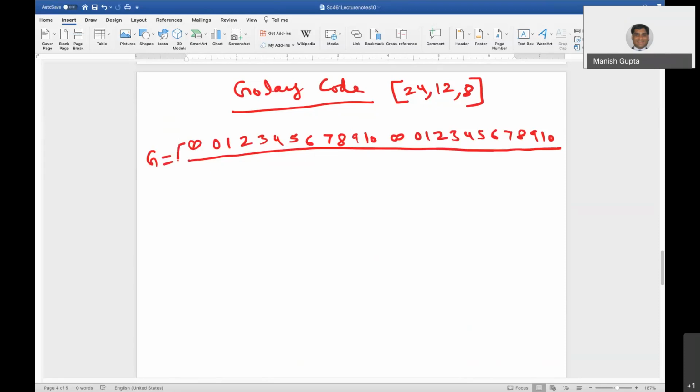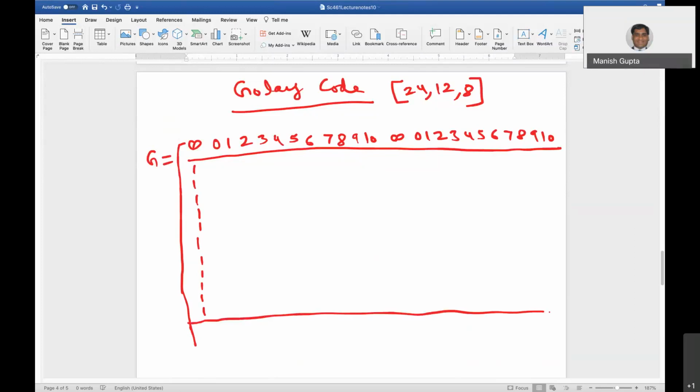So let us construct the matrix. So here will be 1, 2, 3, 4, 5, 6, 7, 8, 9, 10, 11. So the first column is all 1, and then the last bit is 0.